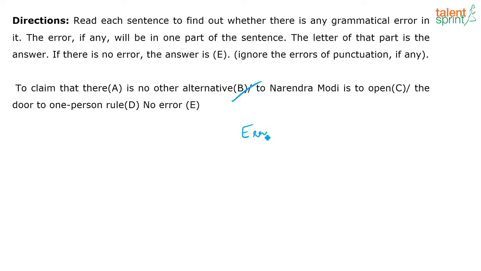Why so? Because of the word "alternative", right? Alternative means what? Another thing, right? So why do I need this "other" again, which is again superfluous in meaning? It gives me the same meaning. To claim that there is no alternative itself means, alternative means another way, right?